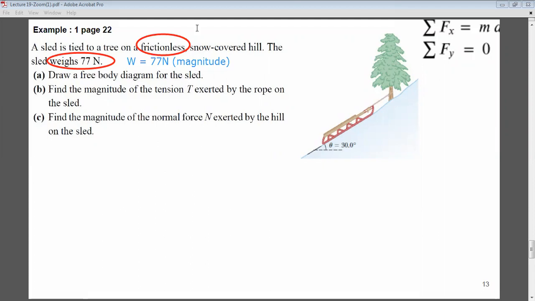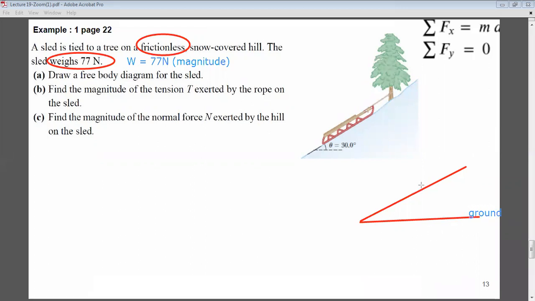So just as we did before, we have to draw our surface. We have to draw the ground because here the surface and the ground are not the same. So this is the surface. No need to write it. We know it. This here is the ground. Okay, and we have to draw the forces.